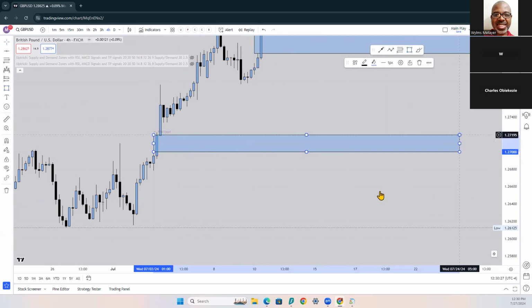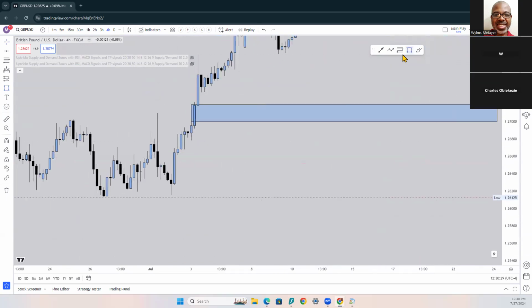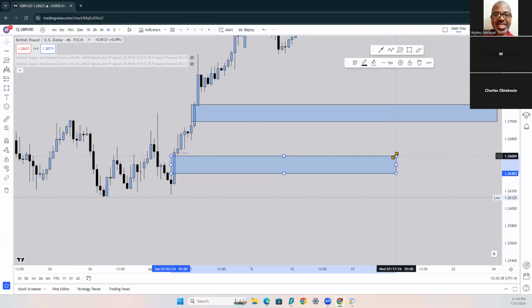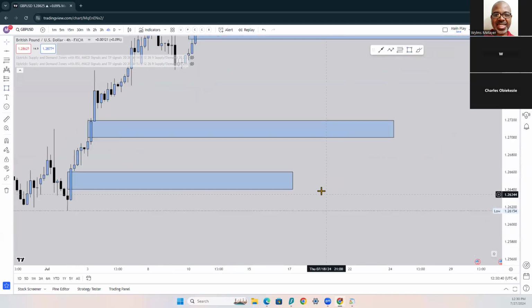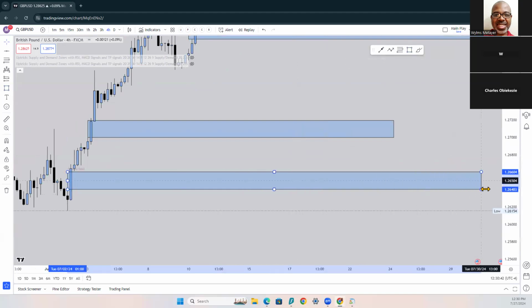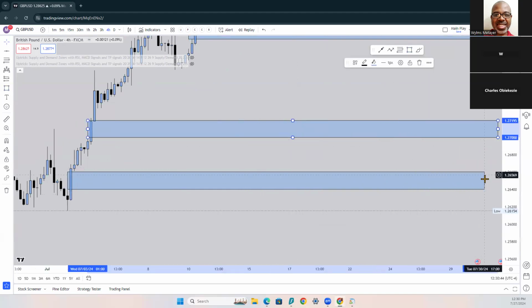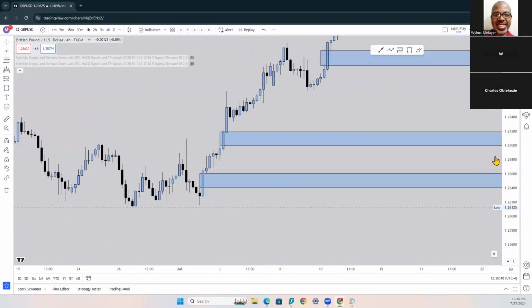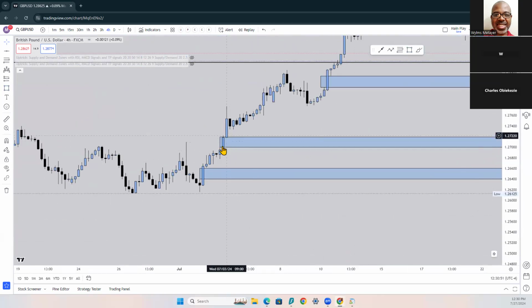So find gaps in the market and just place your trades between the gaps. Another gap. Okay. These are all gaps. The market has to come back and fill these gaps eventually. We don't know how long it's going to take, but eventually it has to come back and cover these gaps that it left in the market.